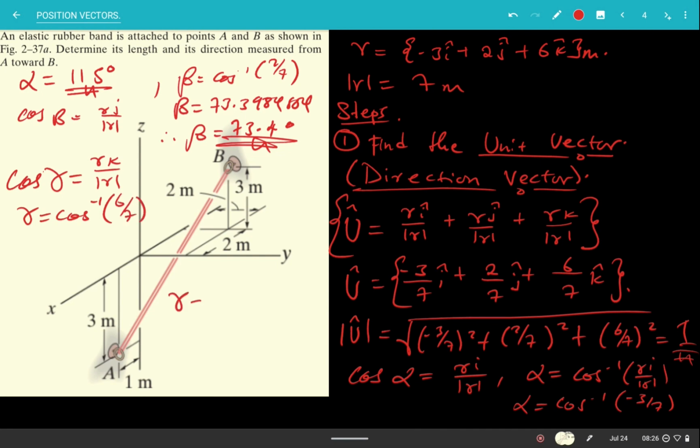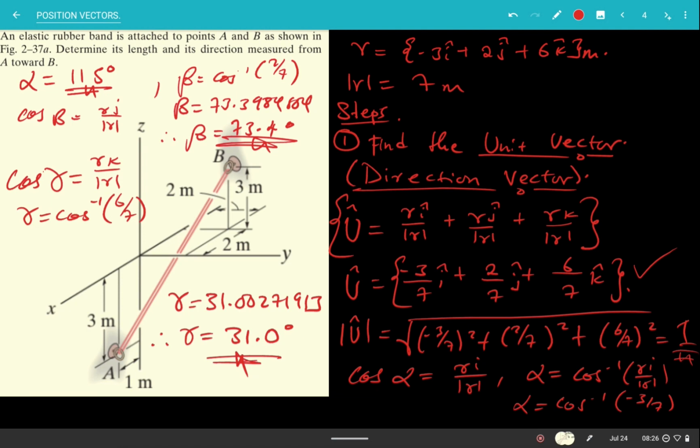Gamma will be 31.002719113, and rounded off, gamma is equal to 31.0 degrees. So these are the positions of the unit vector that we found, and these are the directional angles that were asked for in the question.